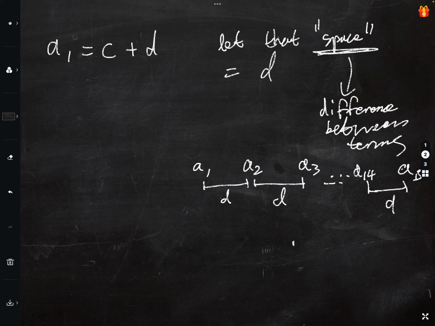But at the very start, a1 can actually have an initial value, right? So we can call that initial value c here, which is just what I did. And sometimes a lot of people tend to make the error of accidentally thinking that the first term also includes the common difference.